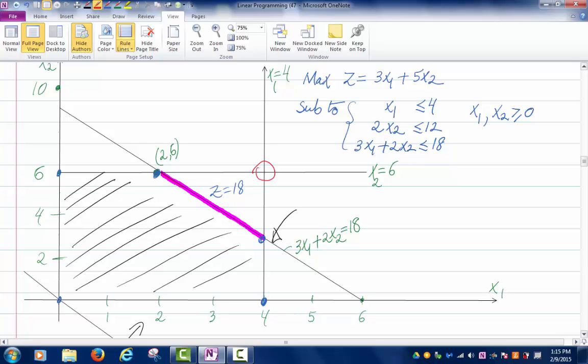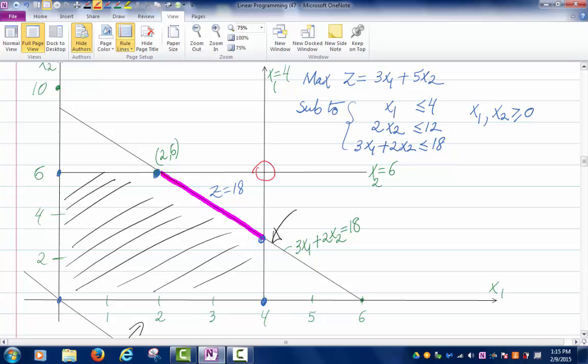Now, first of all, let me say that if there is an optimal solution, then you know that one of the corner points will give you the optimal solution. Am I making sense? Suppose you have a vertex, and you know that none of the adjacent vertices are giving you better values of z.